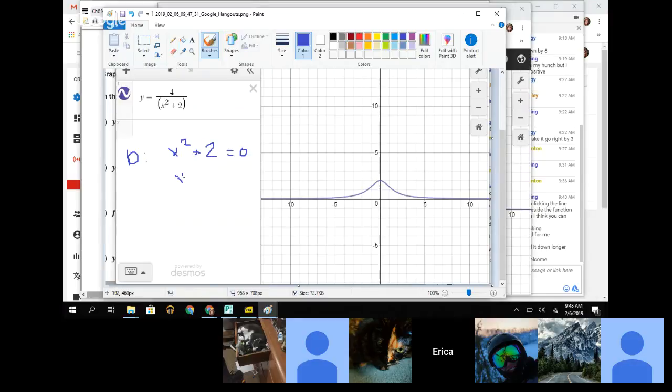I get x squared equals negative 2, so x equals plus or minus the square root of negative 2. What do we know about the square root of negative 2? It's imaginary, it's not a real number. Because the way to get the denominator equal to 0 is in the imaginary numbers, our domain is going to be all real numbers.